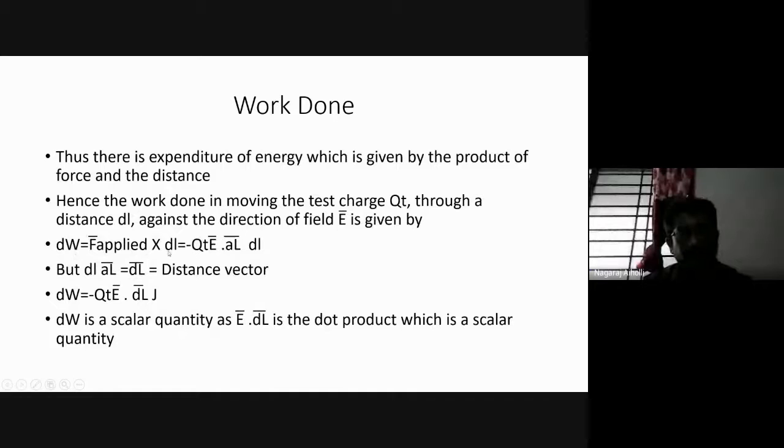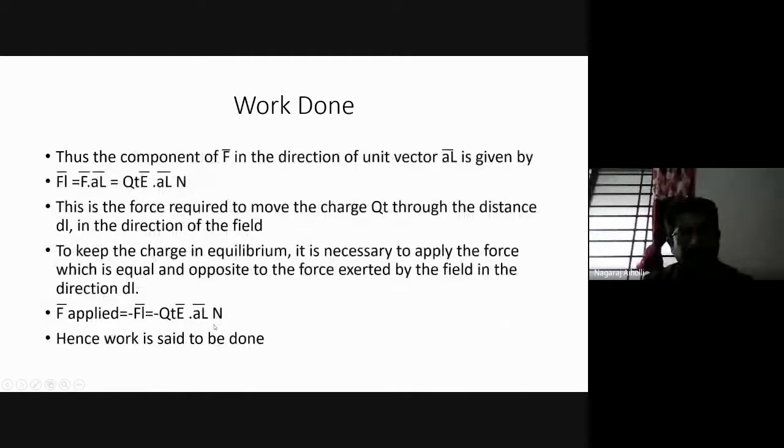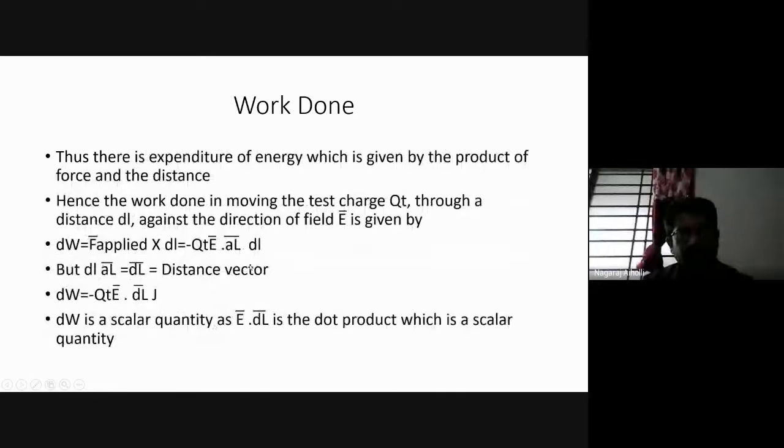That is, F bar applied is minus QT E bar dot AL bar. Substitute that, minus QT E bar dot AL bar dl. But we know that dl AL bar is nothing but dl bar, vector dl bar, correct? Magnitude is dl, unit vector is AL bar. It is the distance vector. Distance vector in Cartesian is dx ax plus dy ay plus dz az.